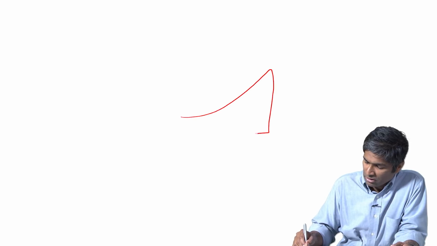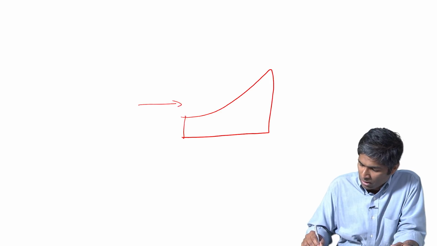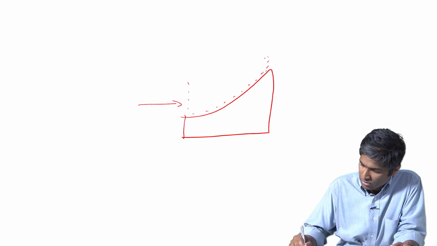But if we want details of the flow, if I want to see how things are varying, let's say we have flow going on. So we looked at something like this earlier, where we had flow entering our control volume. It was something like that.